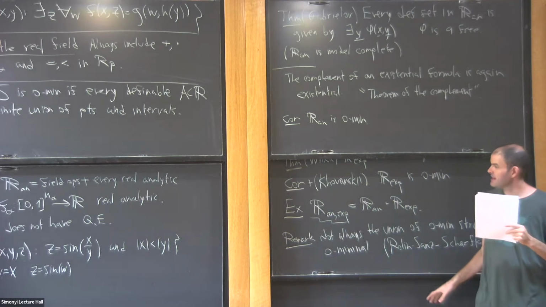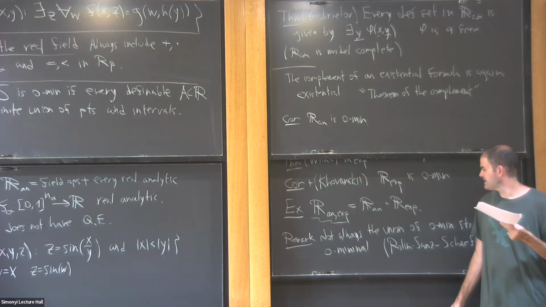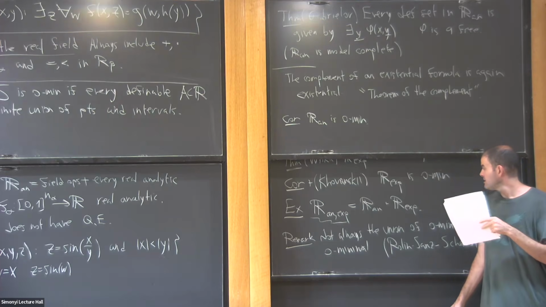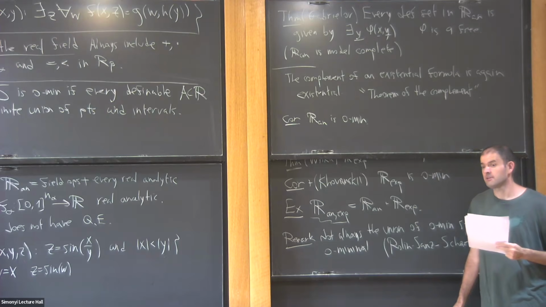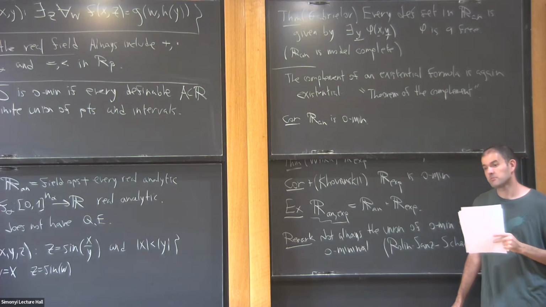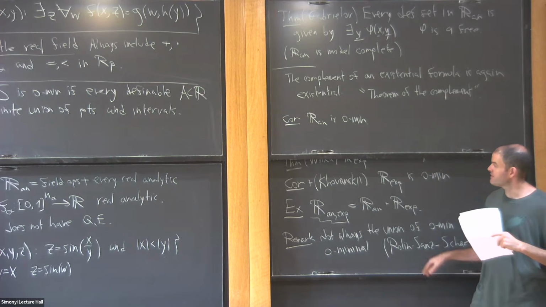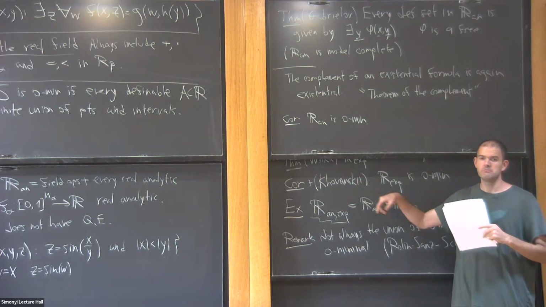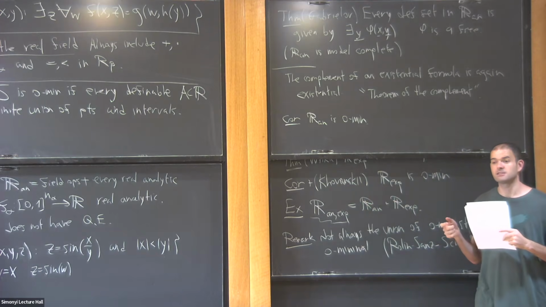There is a proof by Rolin and Lion, which is not just o-minimal, it's that it's model complete. O-minimality is a bit easier to prove than model completeness. In this case, there are several treatments using these Pfaffian methods by Khovanskii, but these treatments don't quite give you that everything is an existential formula.